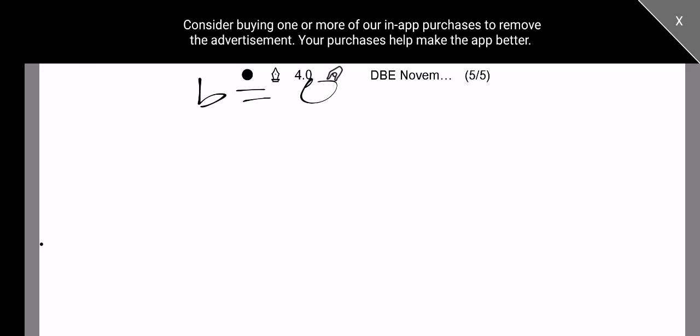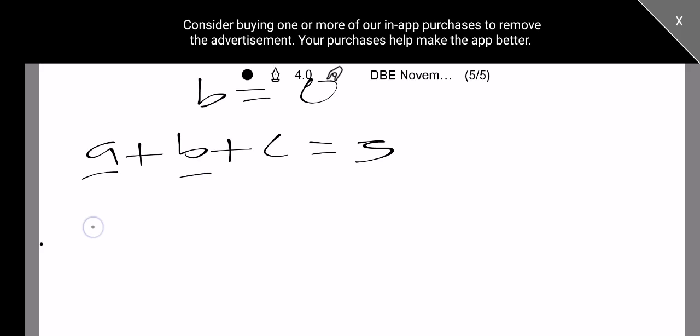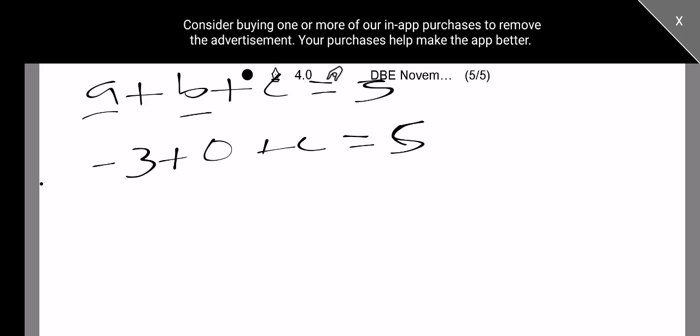The first term of the sequence was 5, so a plus b plus c equals 5. We already have a and b. A was -3, plus 0, plus c equals 5. Simplify, take -3 to the other side, your c equals 8.